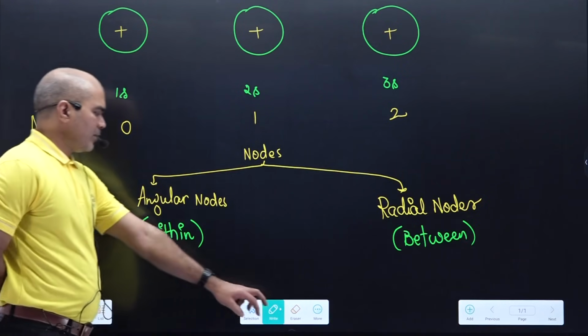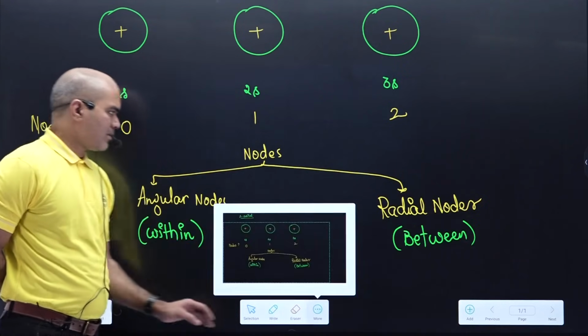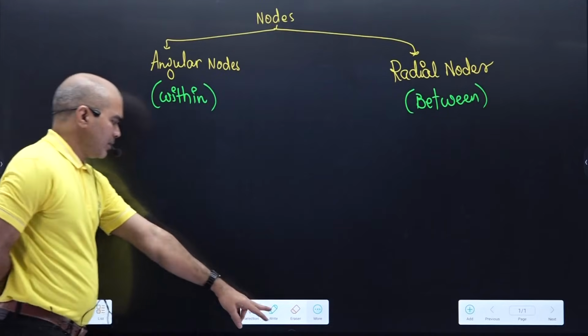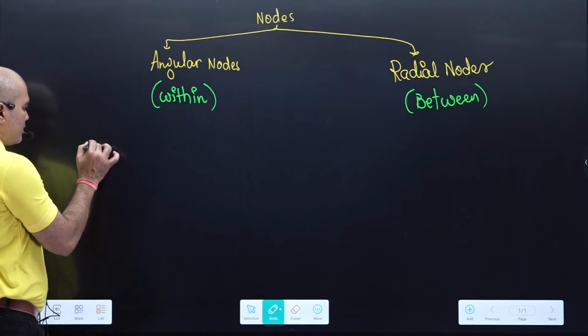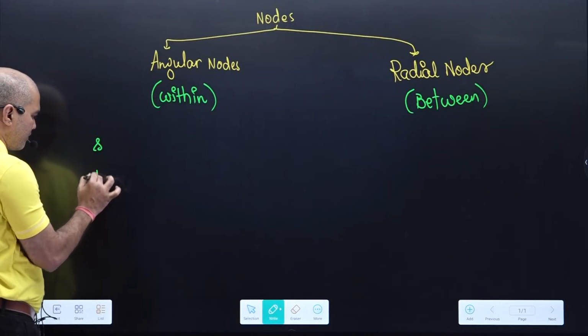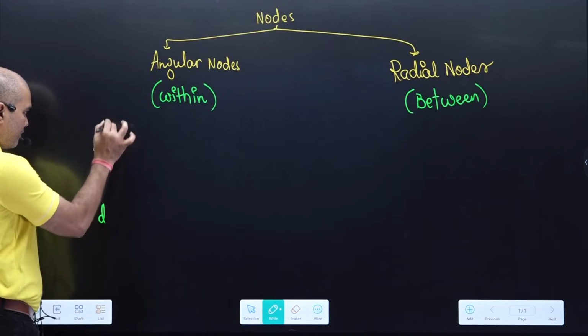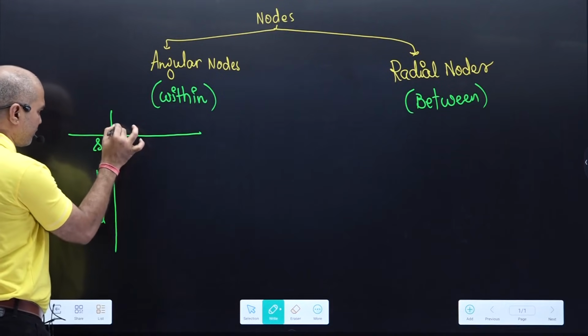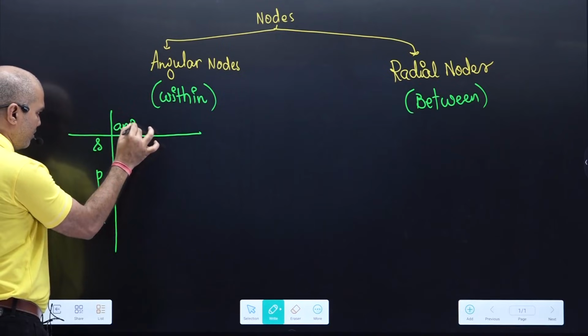So now let us come to the s, p and d orbitals. We are not going to discuss f orbitals. How many angular nodes?